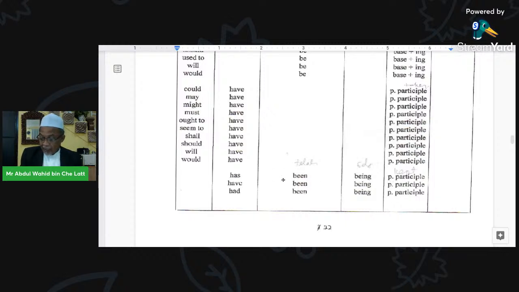Therefore, the verb phrase will be has been being kept. So the whole sentence should read, the corpse of Pharaoh II has been being kept at the pyramid in Giza.